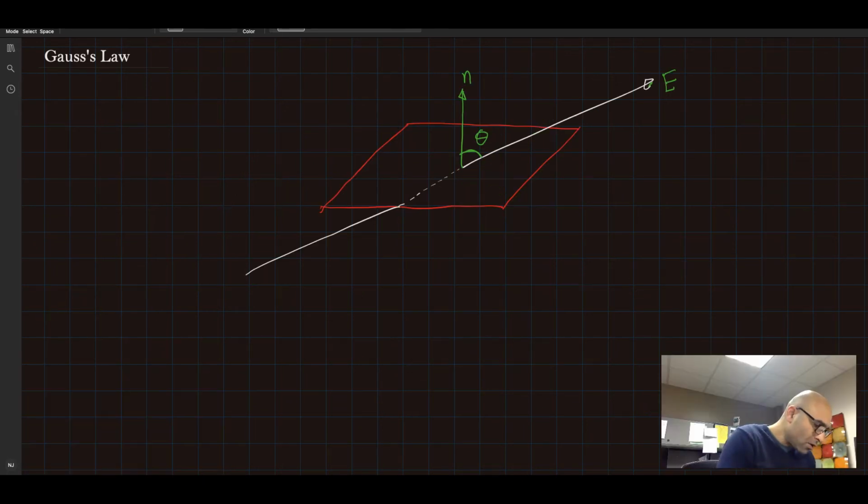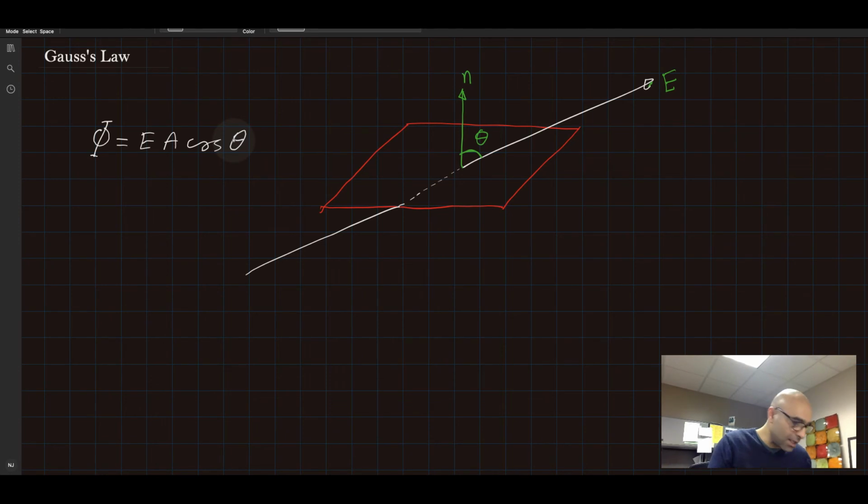Okay, so now we agreed, if this is the surface area, this is the direction of the surface area, and if this is an electric field line, then the angle between the electric field line and the normal to the area is called theta, and the flux, which is phi, is equal to EA cosine theta. Now Gauss, where does Gauss fit in here?